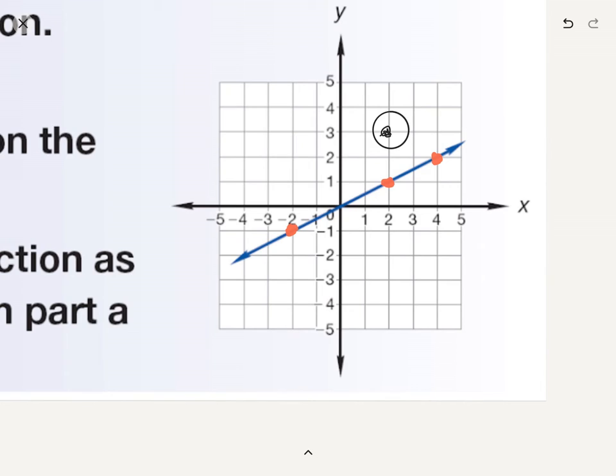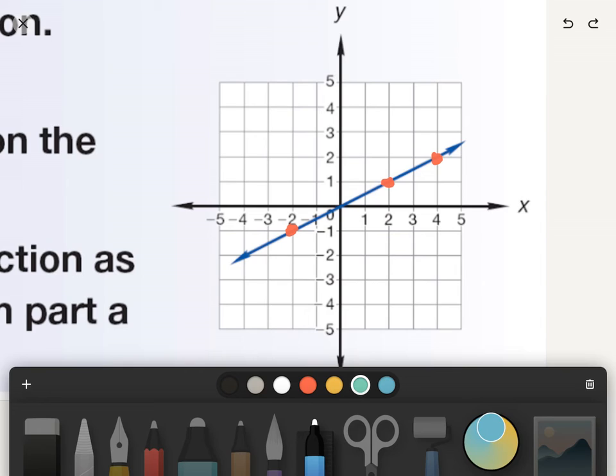As opposed to this right here, which is sort of in the middle, halfway between here and here. So that's not really good to use. It is a value you could figure out, but really, right here it's where 2 and 4 intersect. Right here is where 1 and 2 intersect, and so forth. So those are your best ones.